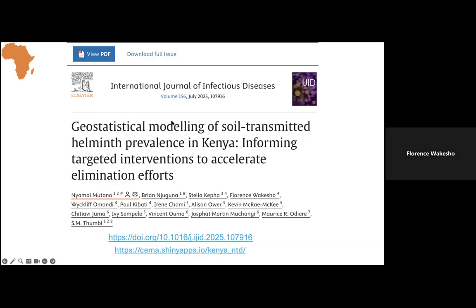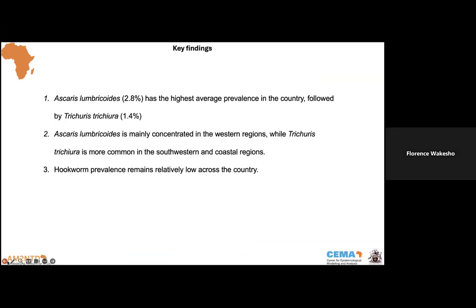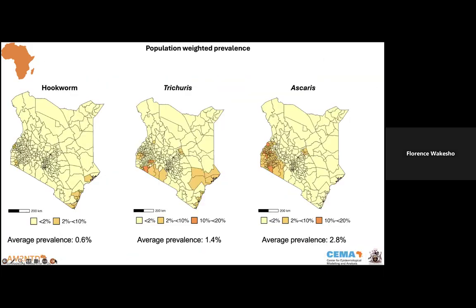I think we could also attribute that to the control efforts by mass drug administration using albendazole, especially within the coastal region where we've had control interventions for quite a long time. One contribution, apart from the environmental factors, is the continuous control efforts to reduce the infection in these particular areas. I don't know whether you agree with that, Brian, but I felt it's a good contribution to what we are seeing today and the efforts that have been put in place. Thank you.